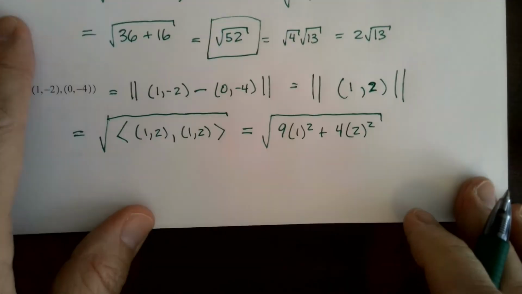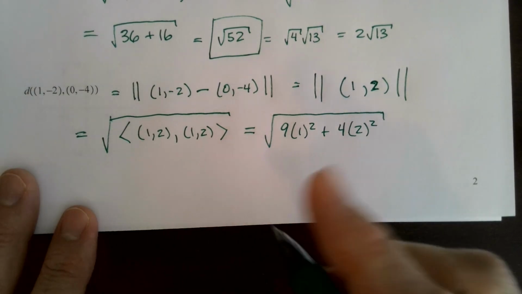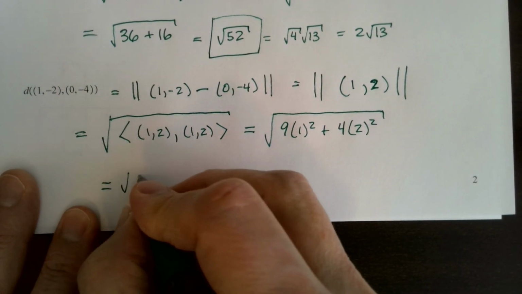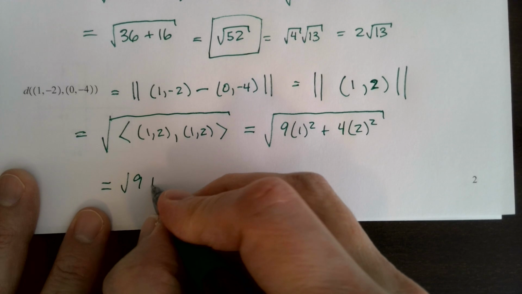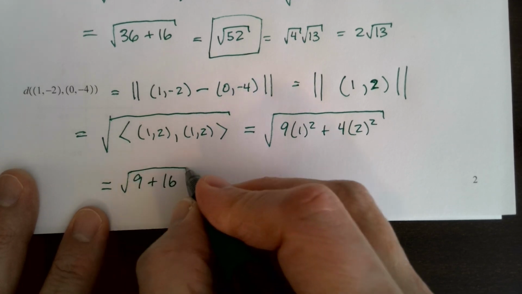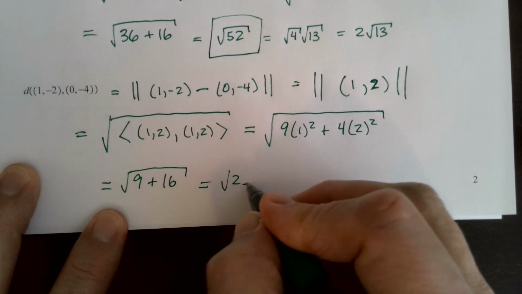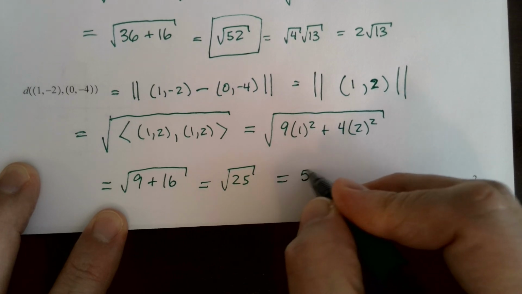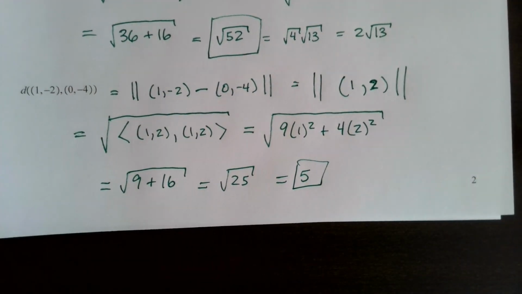And now we just compute this. This will be 9. 4 times 4 is 16. I get the square root of 25, which is 5. A nice whole number there. Okay, that's the distance defined under this vector space.